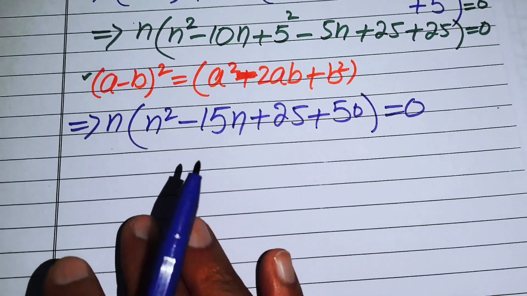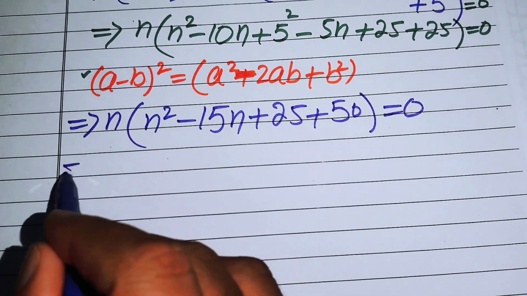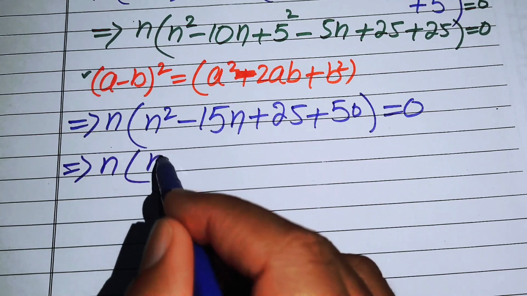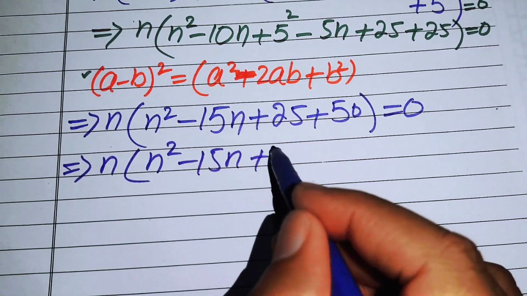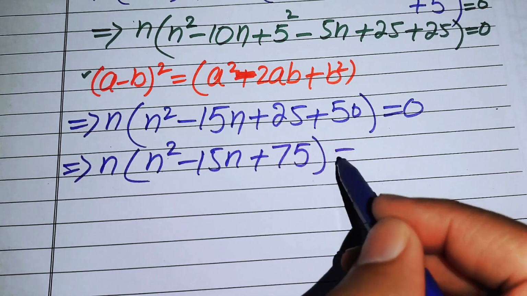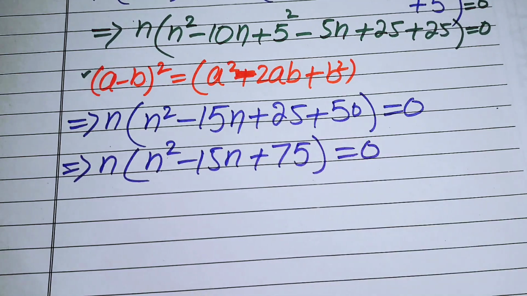So now we again make a little bit of simplifications here, and you get n squared minus 15n plus 75, and this whole equation equals to 0.